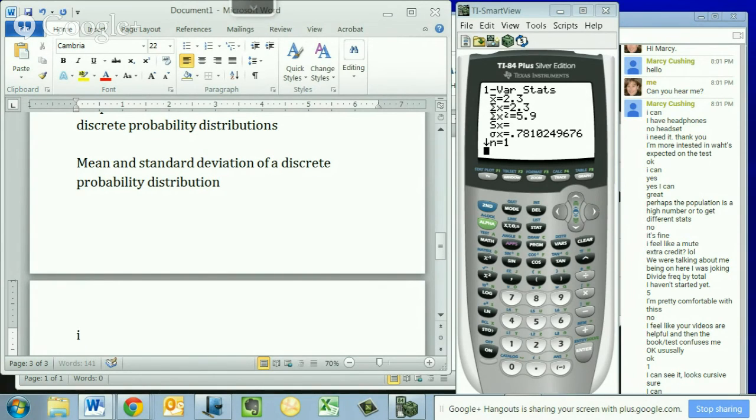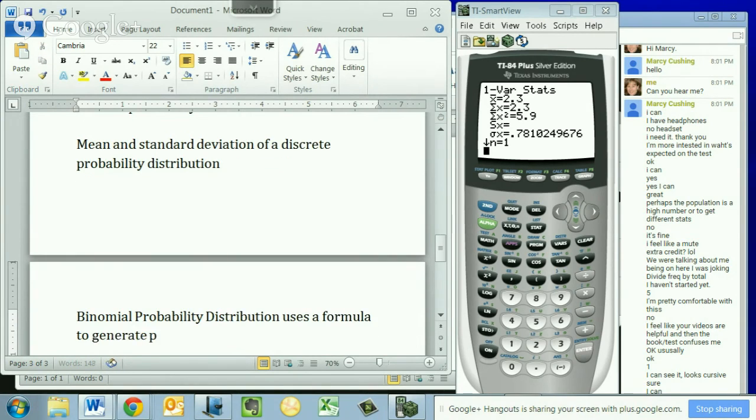That's called the binomial probability distribution. Binomial probability distribution uses a special formula to generate probabilities.